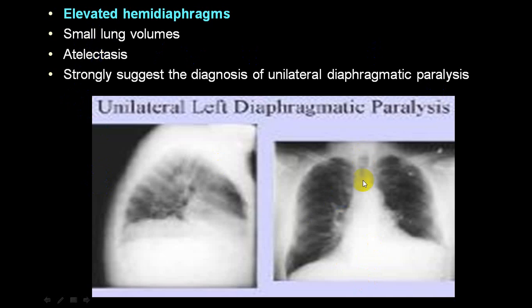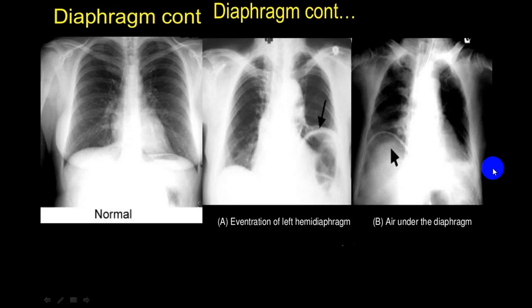If trachea is not shifted, then always think of conditions below the diaphragm, like obesity, ascites, pregnancy, big mass, pneumoperitoneum, etc. Try to look for those. And if those are ruled out, then look for diaphragmatic paralysis. So look for all these conditions.